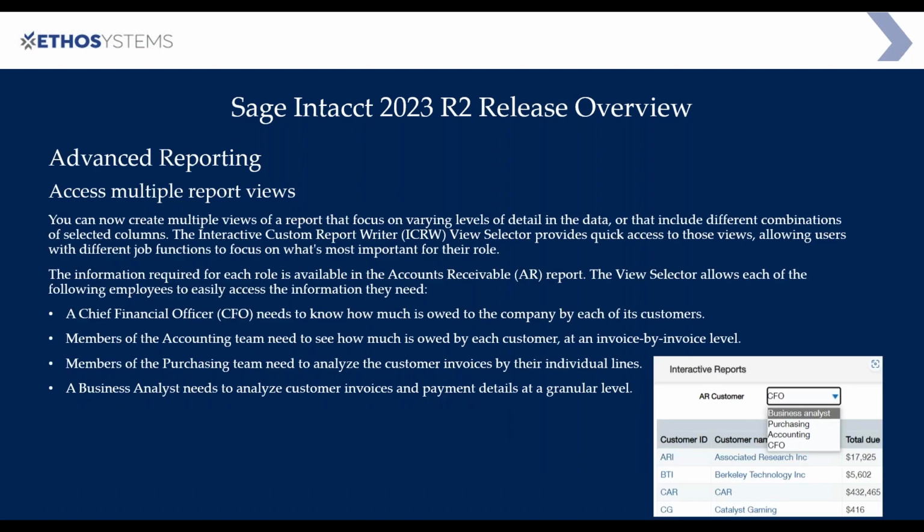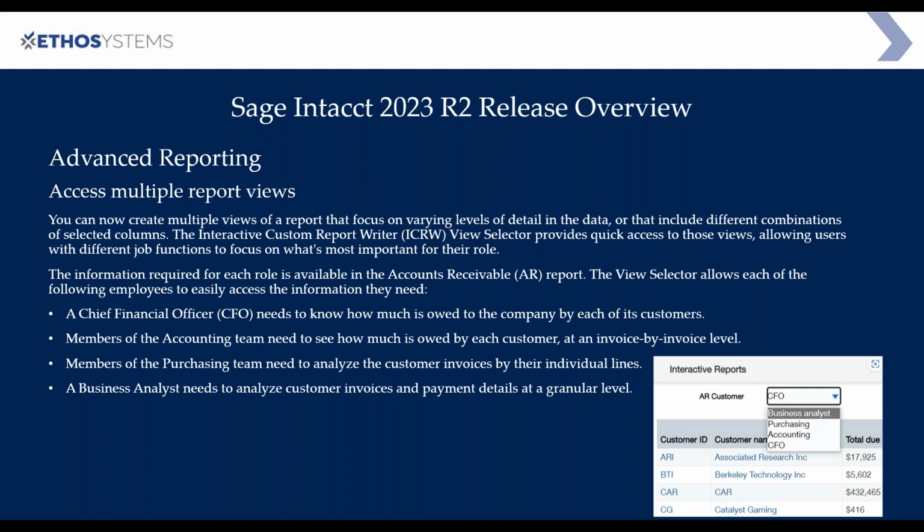All right, within your advanced reporting, so ICRW reports and the like, you now have the ability to create multiple views of a report that has been created. So you'll notice down below is an example of some different individuals within your organization that might view this report. They give an example of an accounts receivable report.